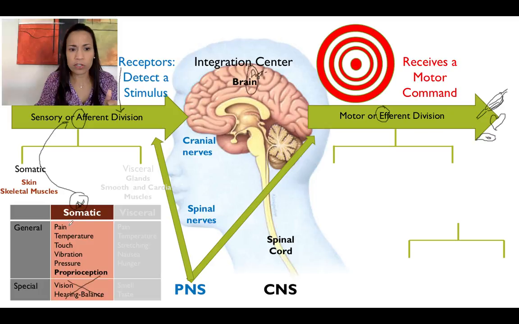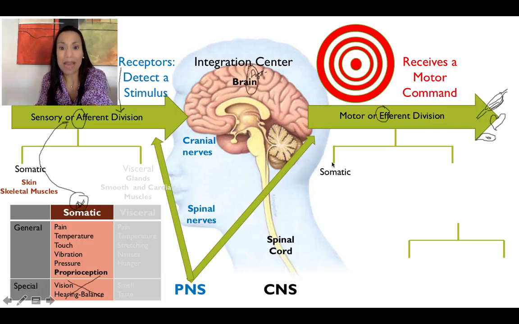We're going to describe first the somatic receptors of pain, temperature, touch, vibration, pressure, and proprioception, located on the skin and the skeletal muscle.